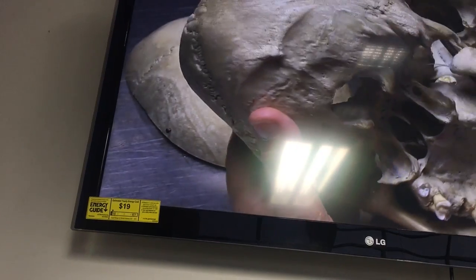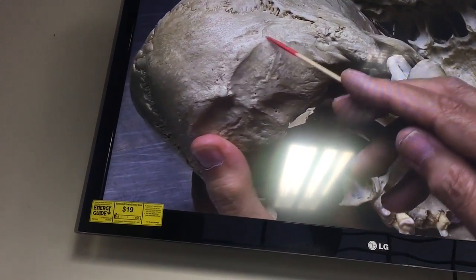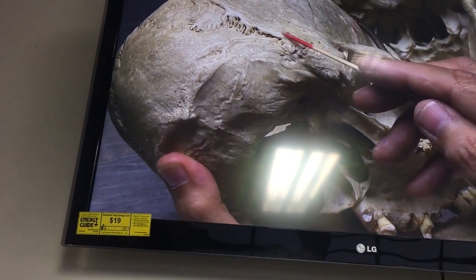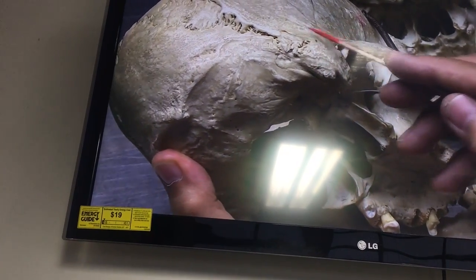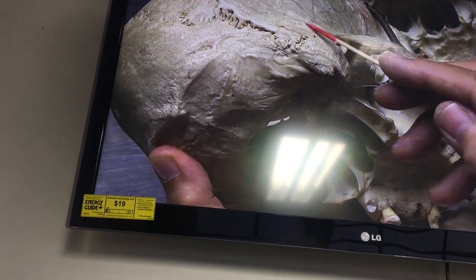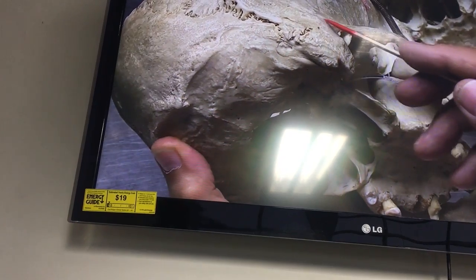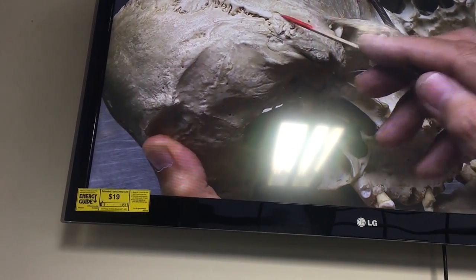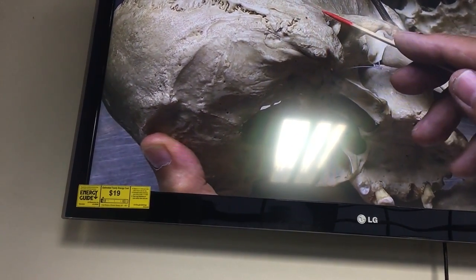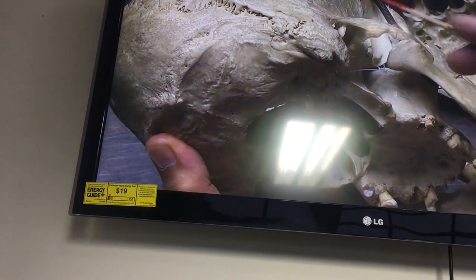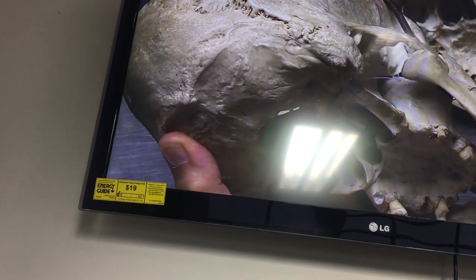This line will go right on; we follow it right around, it comes over the lateral aspect of the mastoid, and then goes into what is called the supramastoid crest. It's going to go right on to the zygomatic arch.